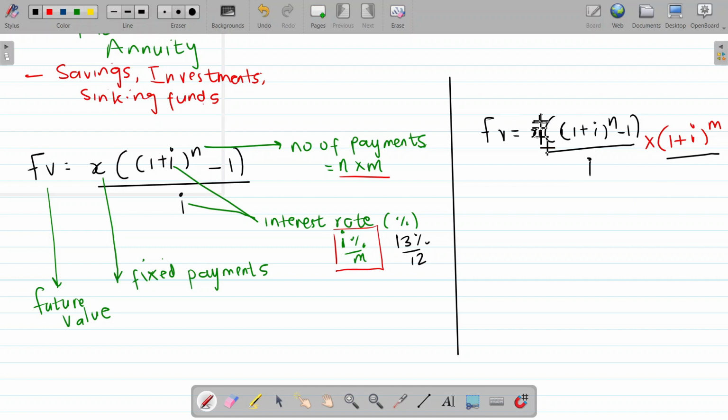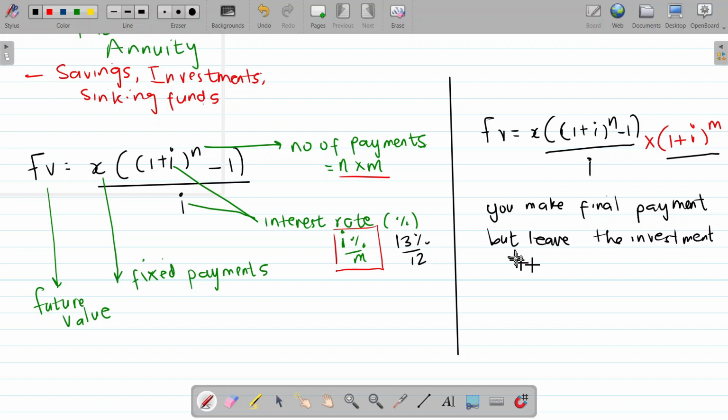What type of scenario can I use this formula in? This particular formula is when you make your final payment, but leave the investment to gain interest for some time without making any further payments.